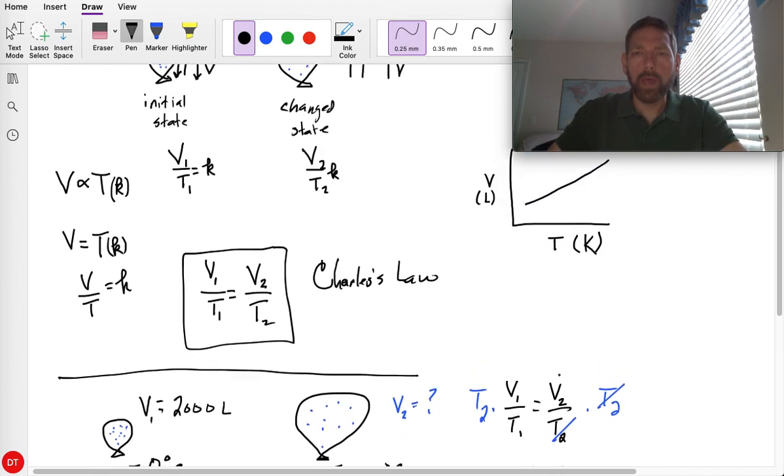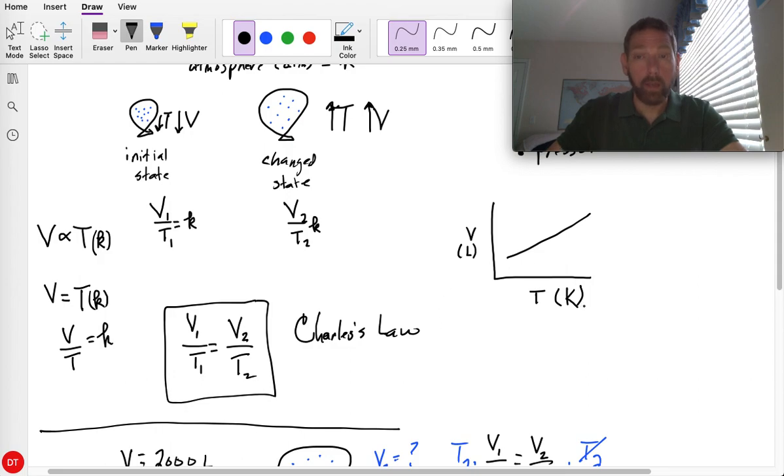Now there's one more thing we have to remember, which is that we're looking at Kelvin. The Kelvin scale has everything to do with taking into account absolute zero.